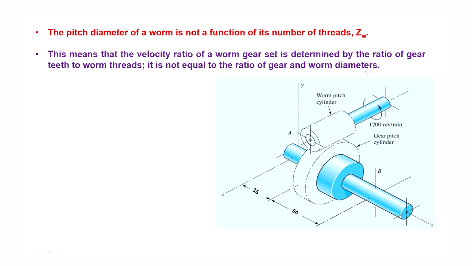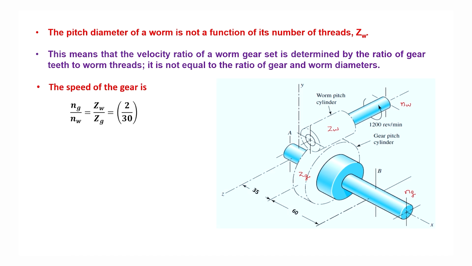And so, knowing the revolution of the worm, NW, we can find the revolution of the gear, knowing the number of threads ZW on the worm and the number of teeth ZG on the gear. They will not be related with the pitch diameters.